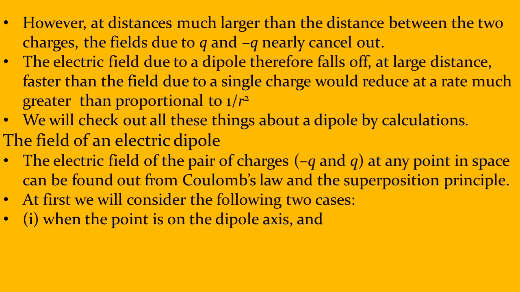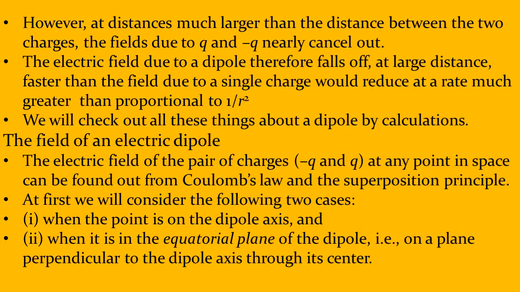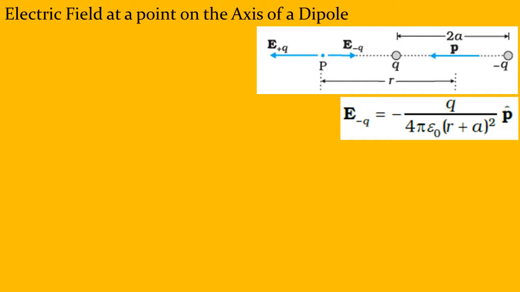So we will find out the strength of the field when a point is on the dipole axis. Secondly, we will see when the point is on the equatorial plane. Now, what is an equatorial plane? The equatorial plane is a plane perpendicular to the dipole axis through the center of the dipole.